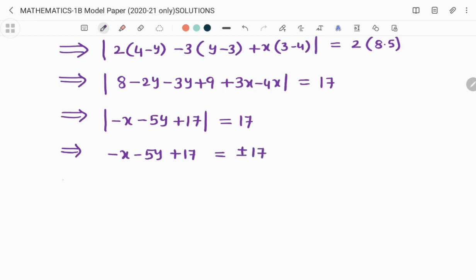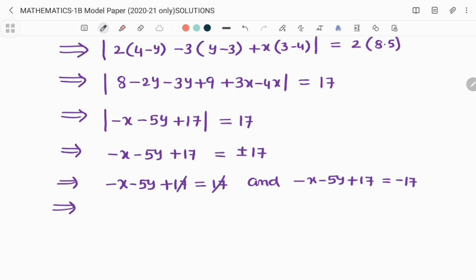From here we write two cases. One is minus x minus 5y plus 17 is equal to 17, and minus x minus 5y plus 17 is equal to minus 17.